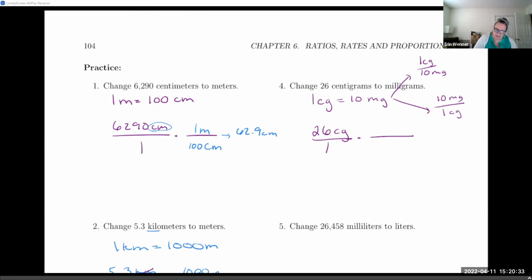So because I'm trying to cancel centigrams, that means centigrams needs to be on the bottom, which means I want to use that conversion factor. So knowing that I have to use that one, I'm going to put my 10 milligrams on top, my 1 centigram on the bottom, and I'm going to multiply straight across the top and straight across the bottom. These centigrams cancel, and I get 26 times 10, giving me 260 milligrams as my answer.